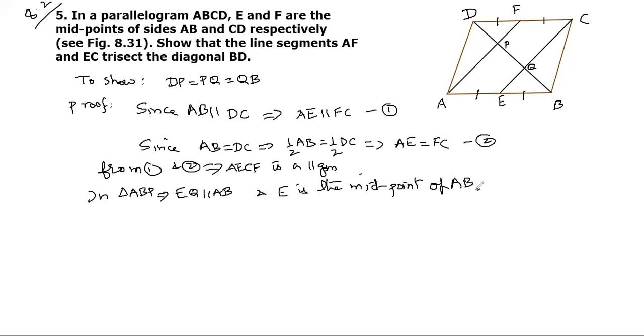Therefore, by the converse of the midpoint theorem, because it is parallel and starting from a midpoint, we use the converse. If both midpoints are given, then it is the midpoint theorem.